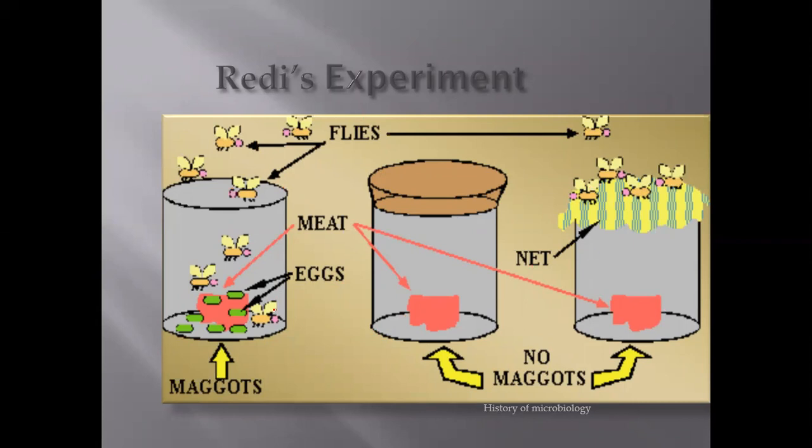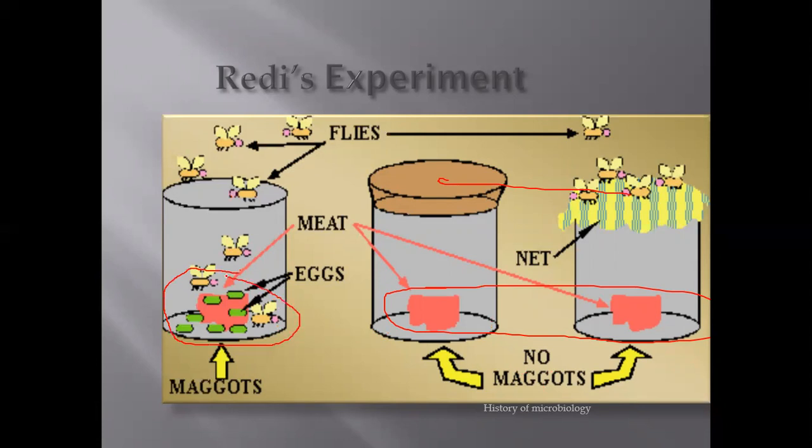After some days he checked and found that the two jars covered with the cork and the net had no growth of fly larvae, which are called maggots. But in the open jar, he saw different kinds of larvae.